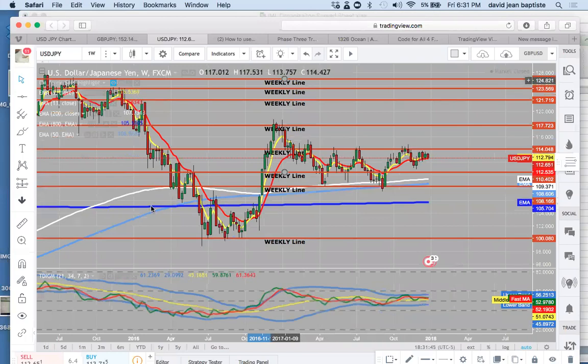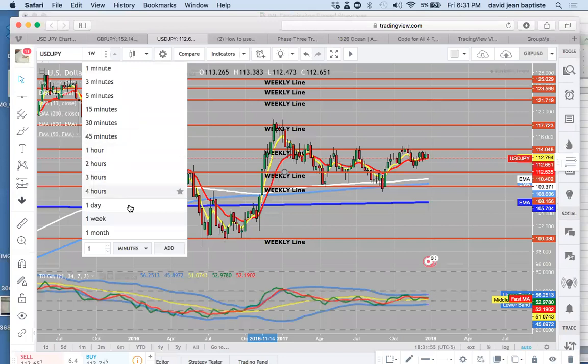I'm going to explain to you guys why it works well with the market makers method. I've been back testing it and it's been working phenomenal. So after you do the weekly lines, you would want to go on the daily.